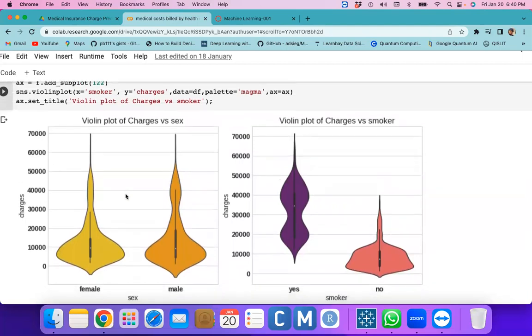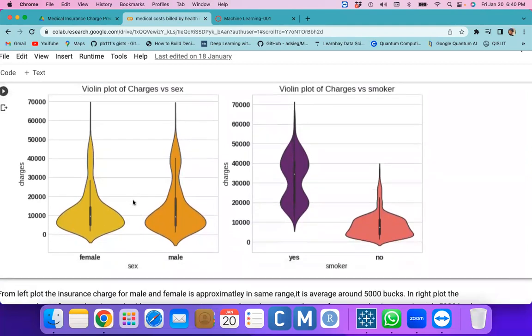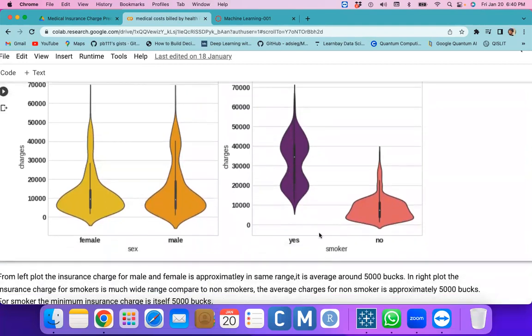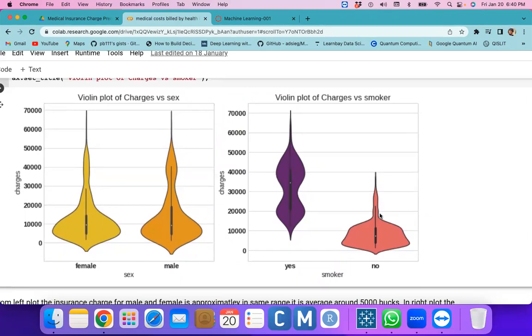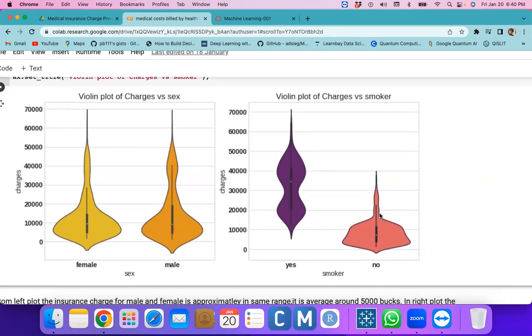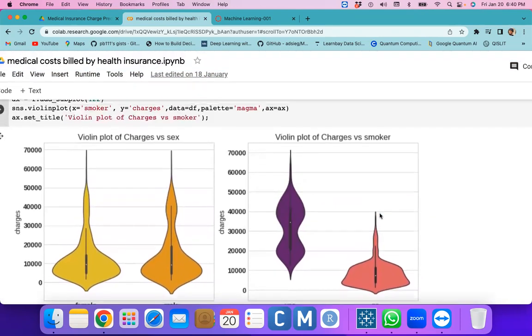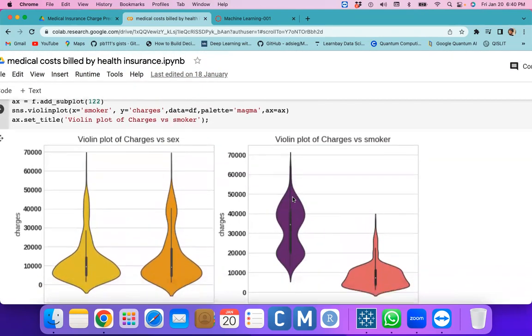So for male and female, the charges are about the same. But for smokers, the medical charges are very high when the person smokes, while those who do not smoke are not charged as much. That is the use of the violin plots.